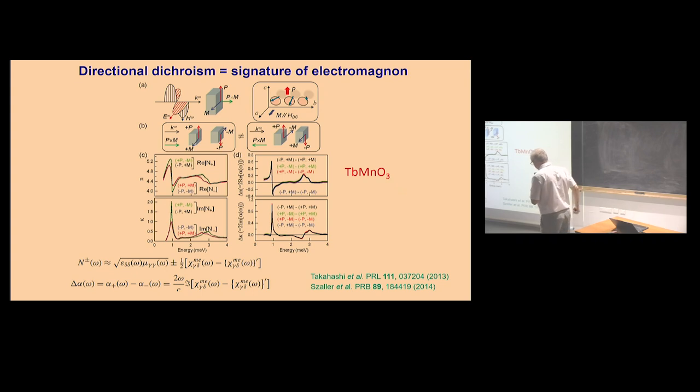Another typical feature, which was explained better by Nagaosa here, is that for electromagnons there is a directional dichroism. Imagine that you have propagation of terahertz radiation in one direction, with polarization up and magnetization toward you.